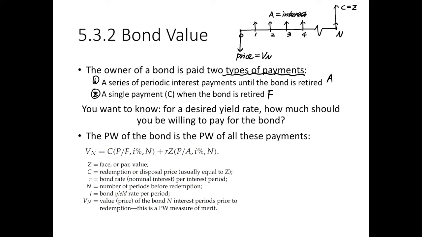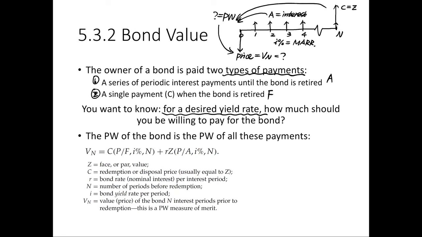So this is a generic cash flow diagram for the bond problem. What you want to know is the price, or how much you can afford as a maximum to buy this coupon. To know that, you want to convert everything back to the present, the PW. So what is the PW? That is your price. What you want to know from this bond problem is, for a desired yield rate, remember that your personal MARR is your interest rate to use.